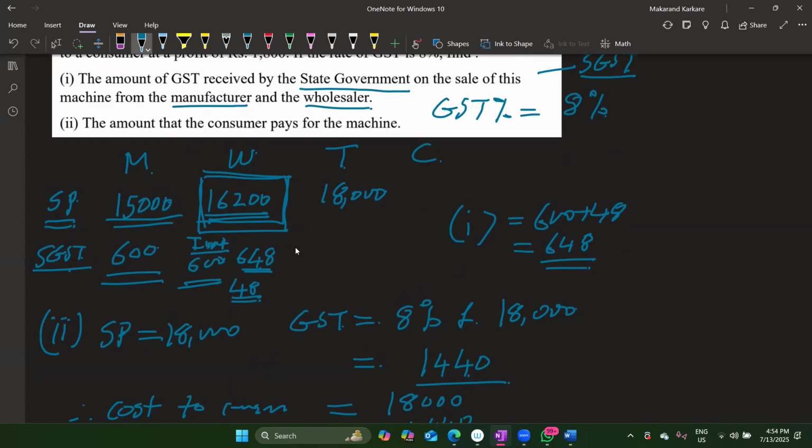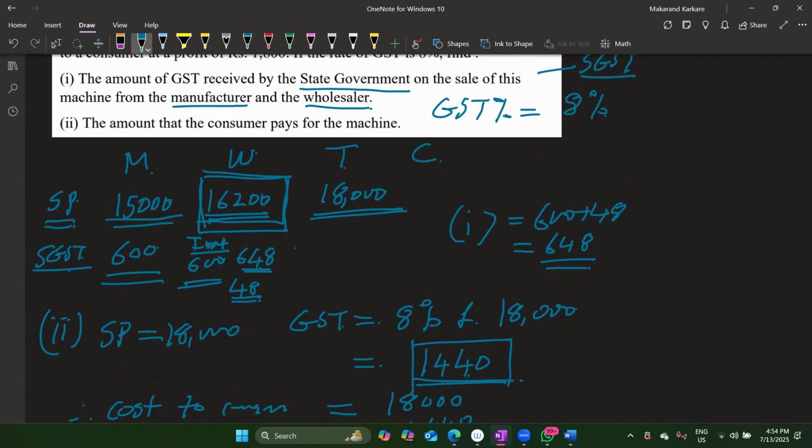So for example, if I wanted to find out what is the total tax received by the sale of the machine to the consumer, it's simply 1440. Doesn't matter who took how much profit and what was the input tax credit, etc. All doesn't matter, right?